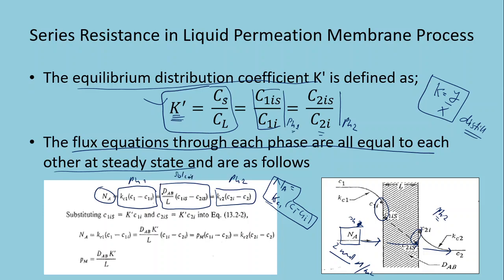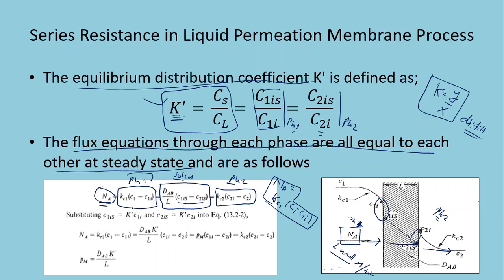So this is DAB upon L, and then the concentration difference, C1IS minus C2IS. So at these 3 locations, NA will be the same. The same amount is transferred through phase 1, through the solid, and through phase 2. Now this is the main equation.